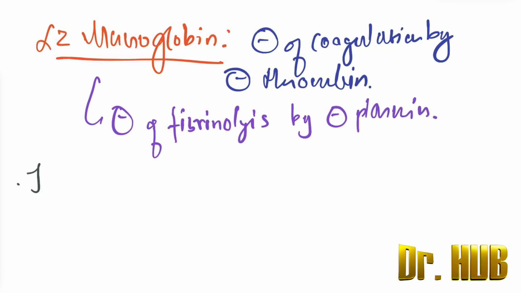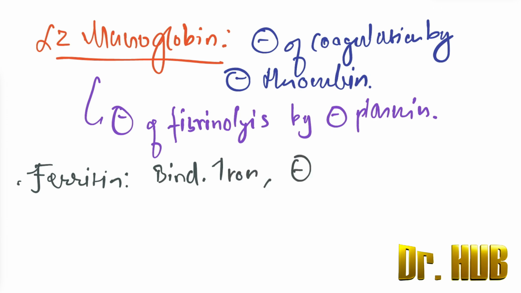Next comes the ferritin. In ferritin, it binds iron. There is binding of iron, and there is also inhibiting the microbial uptake. Then we look at the hepcidin.